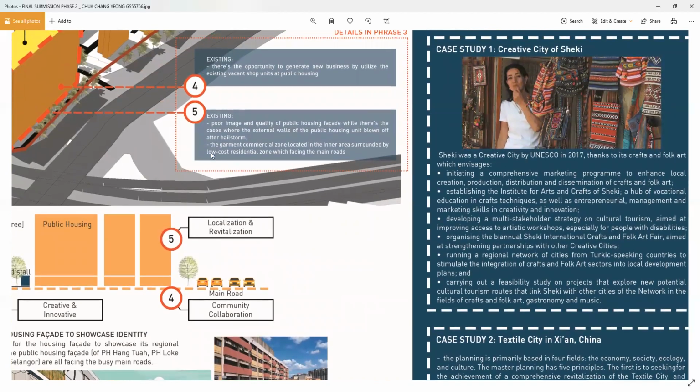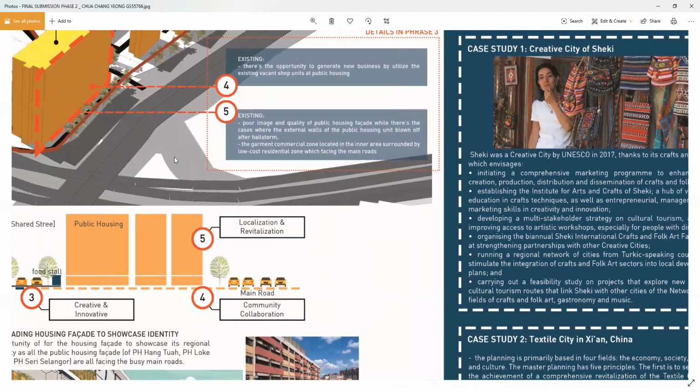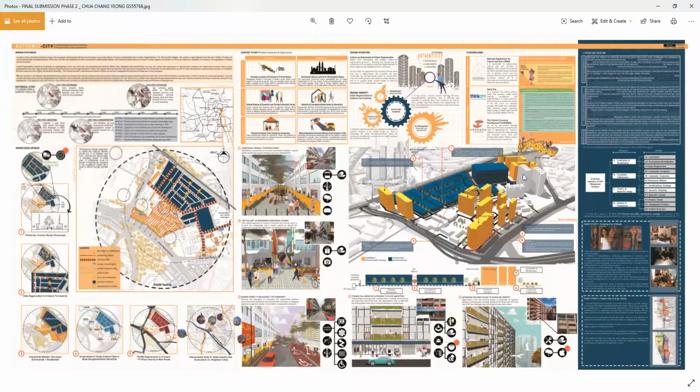Besides that, as I mentioned before, the garment commercial zone is located in the inner area, surrounded by the low-cost residential zone, which faces the main roads. So the commercial zone is located in the very inner part and then surrounded by this residential zone.